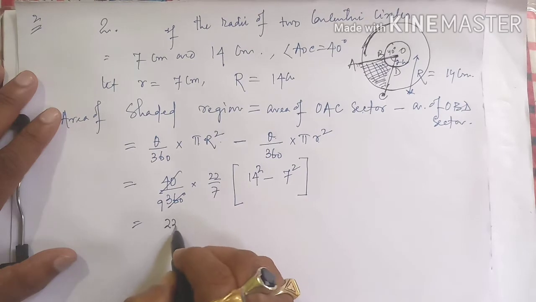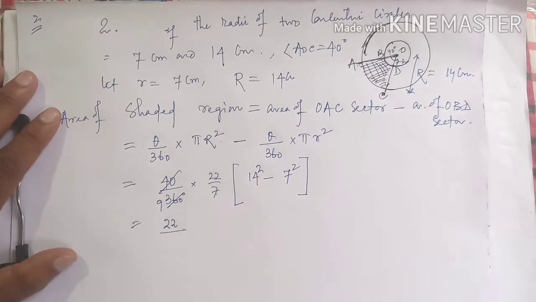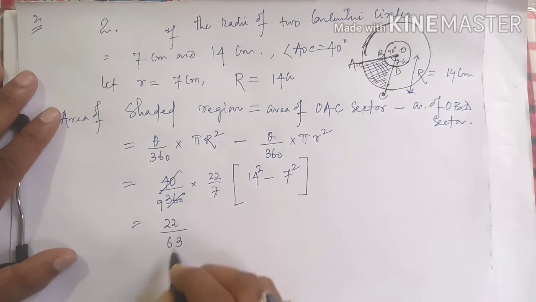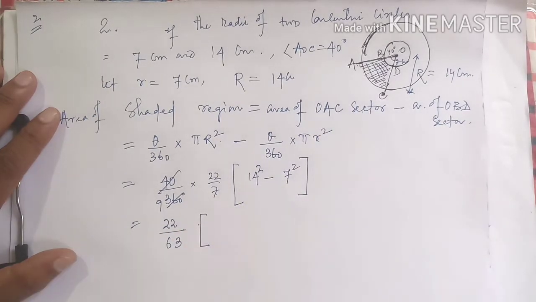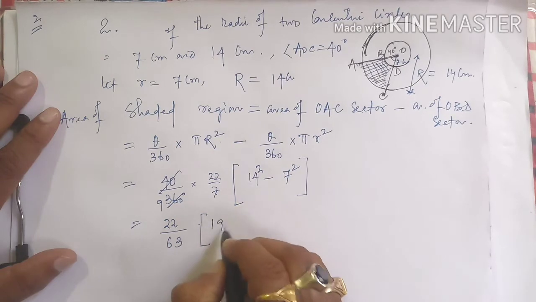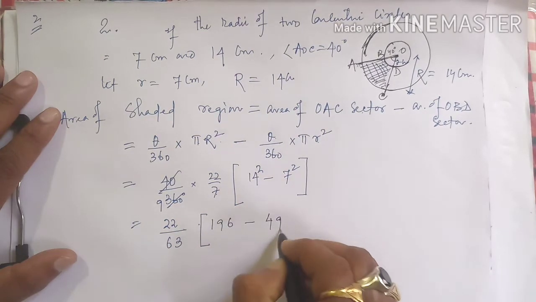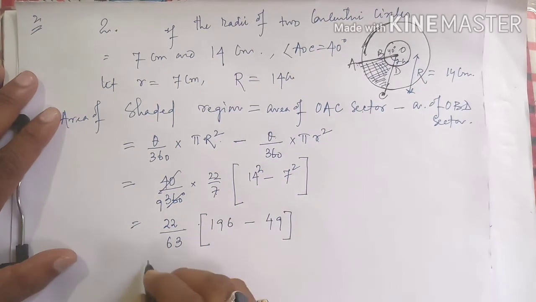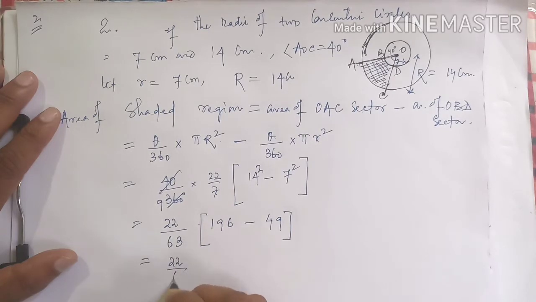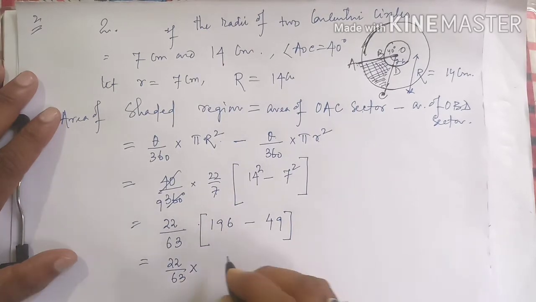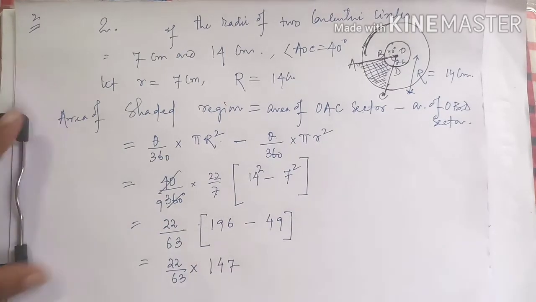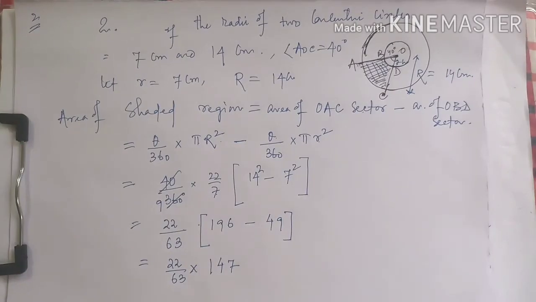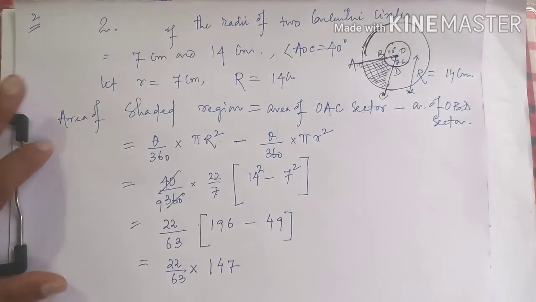So it will become 22 by 63 into 14 square minus 7 square, 196 minus 49. It is 22 by 63 into 147. Now try to cancel these terms.